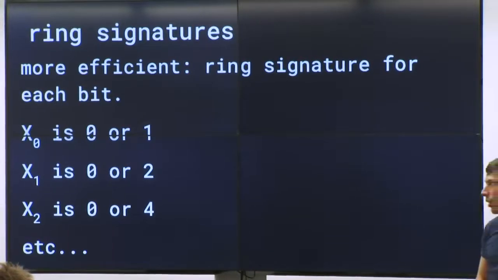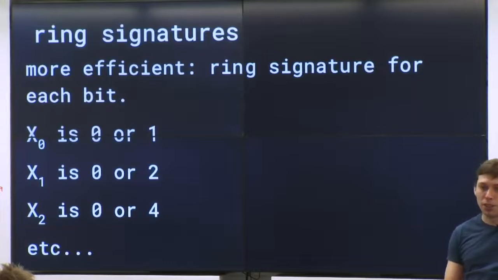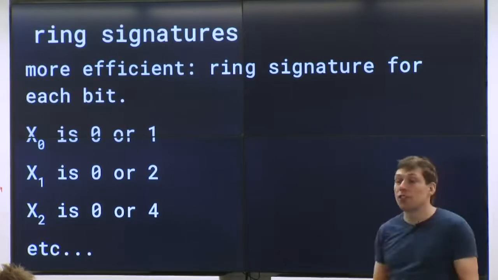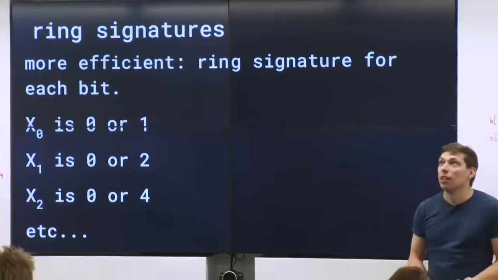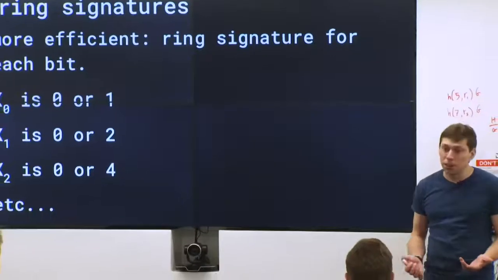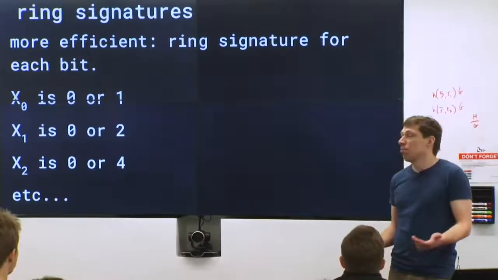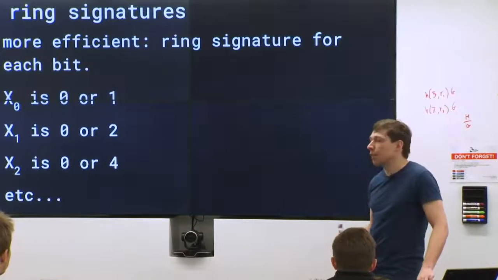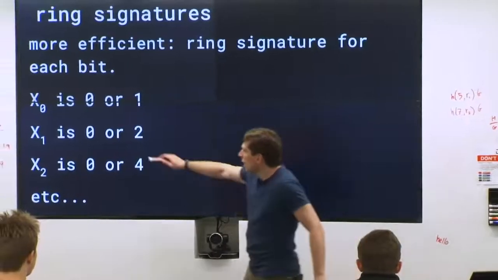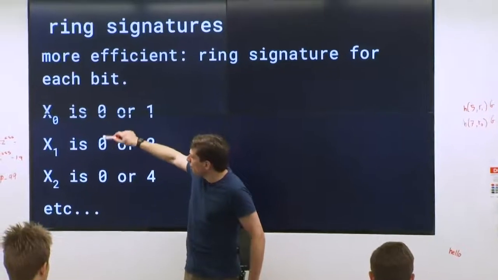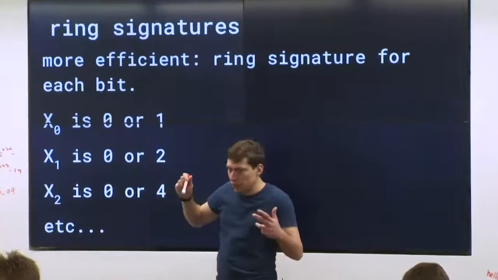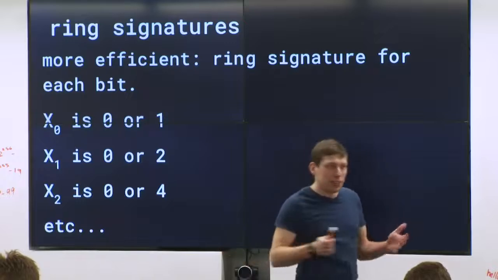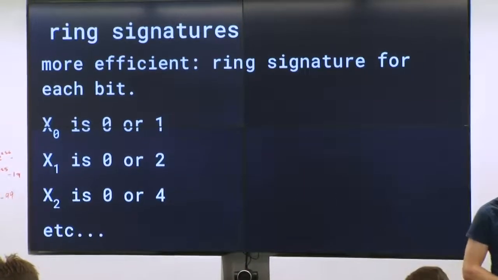Each of those individual signatures only has 2 public keys associated with it. So that's now more feasible, right? There's a total of 32 public keys, 32 signatures. Not the end of the world, still kind of ugly, but there are optimizations where since these pub keys are all the same, the 0 value for that bit, we can squish them together to make it a little bit smaller.